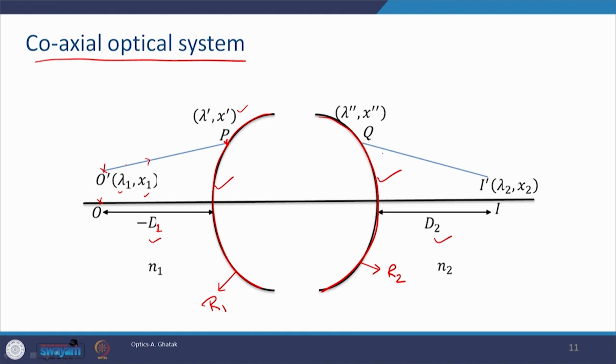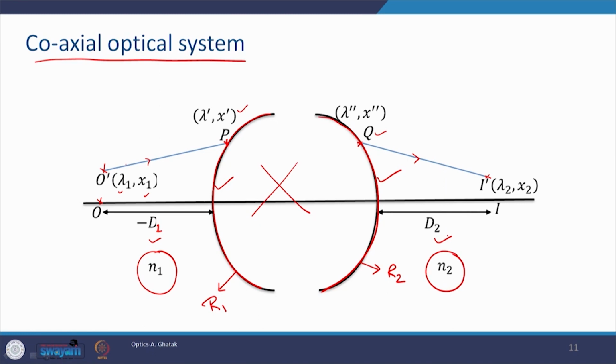Similarly, we do not know what is happening inside this black box, no information is given, but the ray emanates from point Q here, and the coordinate of point Q is (lambda double prime, x double prime), and then the ray comes to the image point I prime whose coordinates are (lambda2, x2). The refractive index of the medium on the left-hand side of the optical system is n1, while the refractive index of the medium on the right-hand side is n2. This information is given.